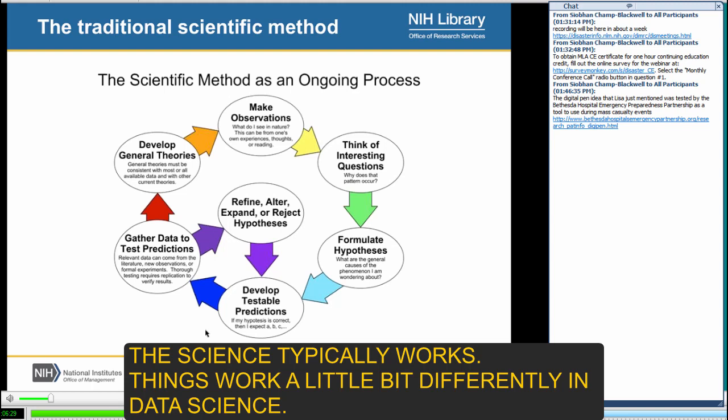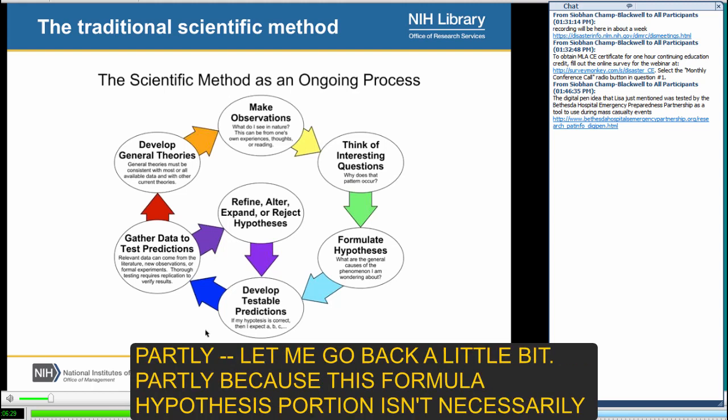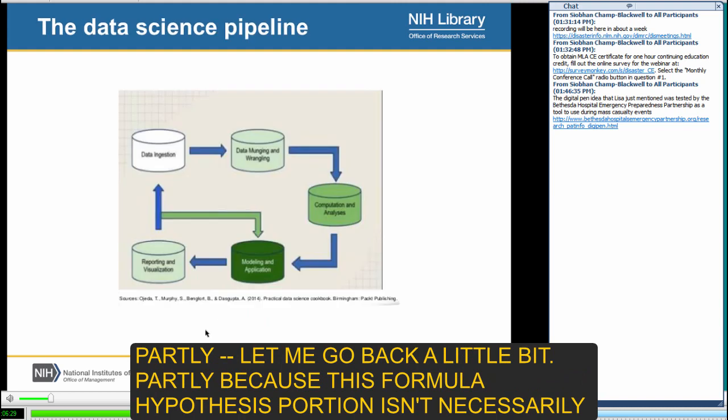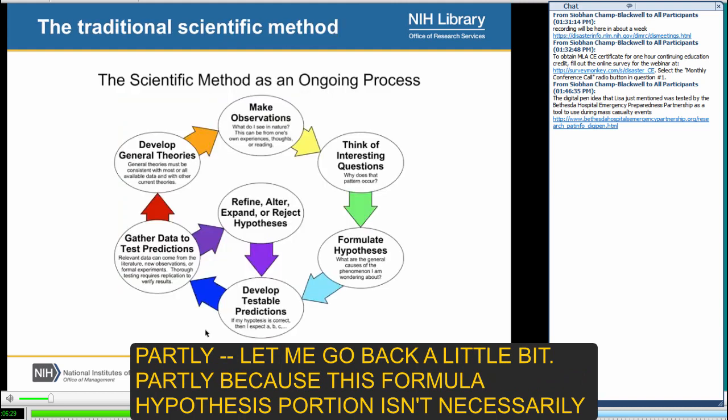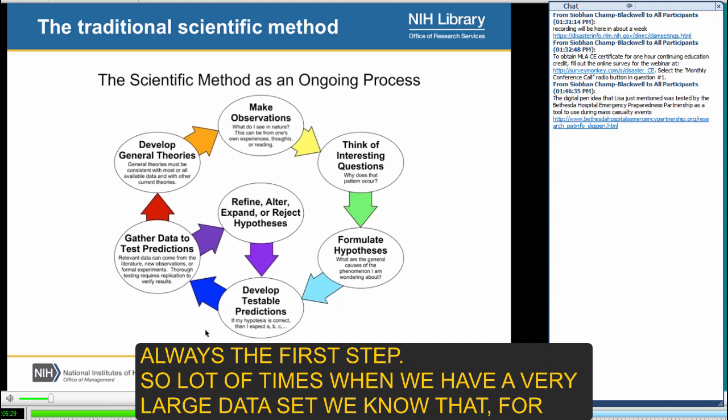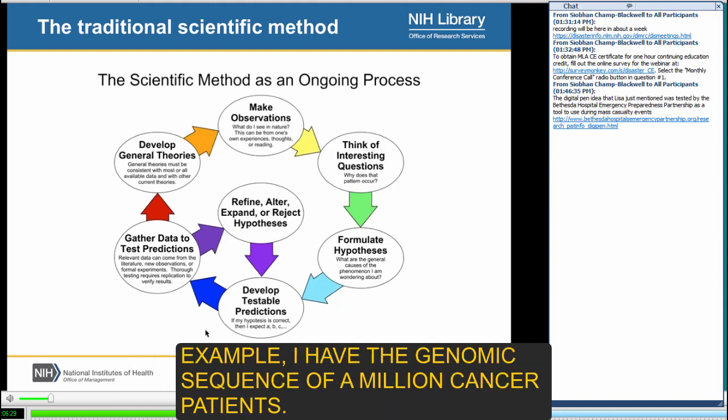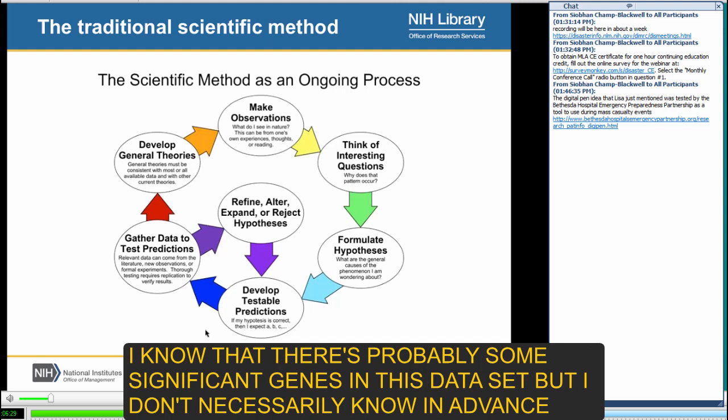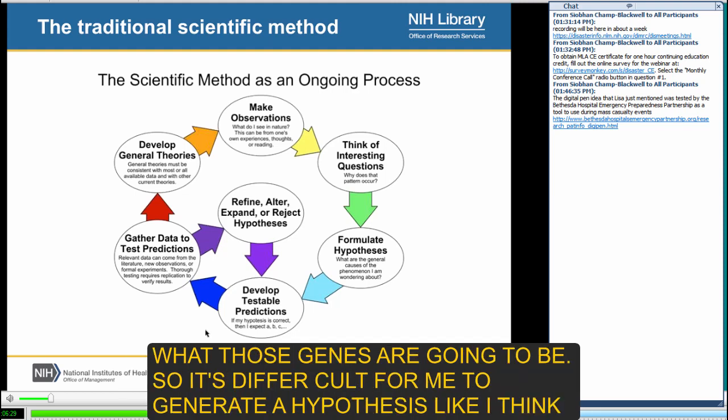Things work a little bit differently in data science. Partly, actually, let me go back a little bit, partly because this formulate hypothesis portion of the scientific method isn't necessarily always the first step. A lot of times when we have a very large data set, for example, if I have the genomic sequence of 1 million cancer patients, I know that there are probably some significant genes in this data set, but I don't necessarily know in advance what those genes are going to be.